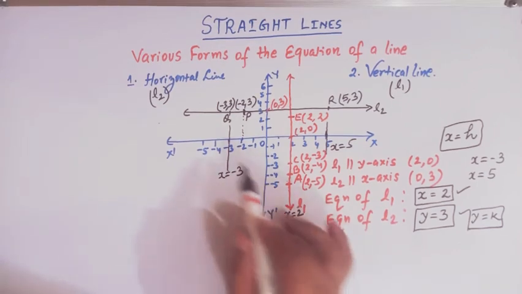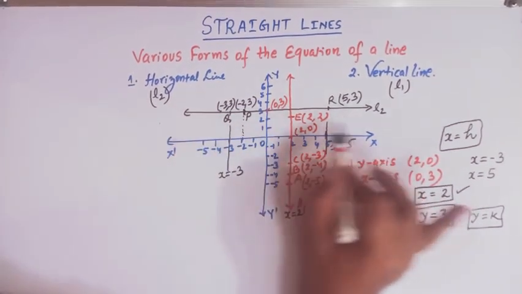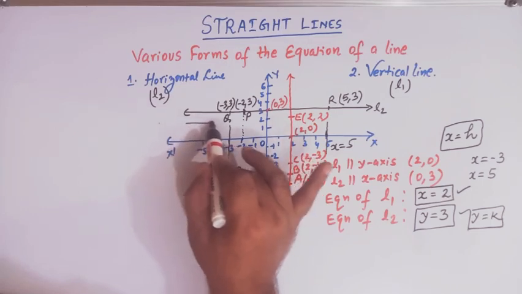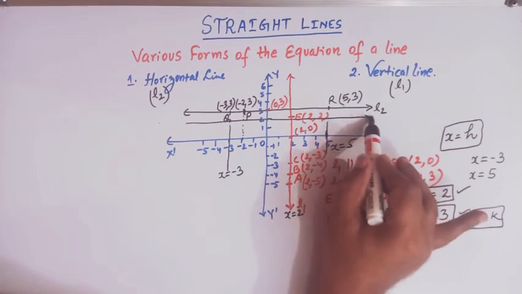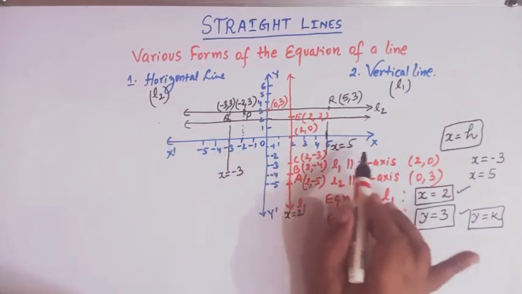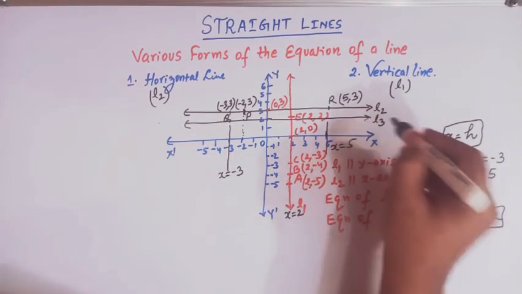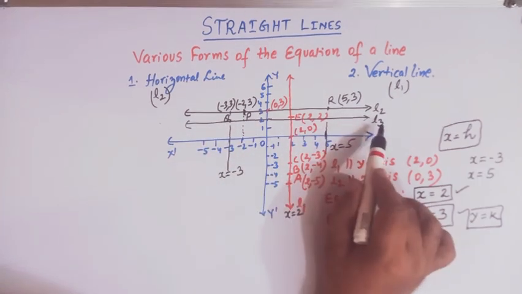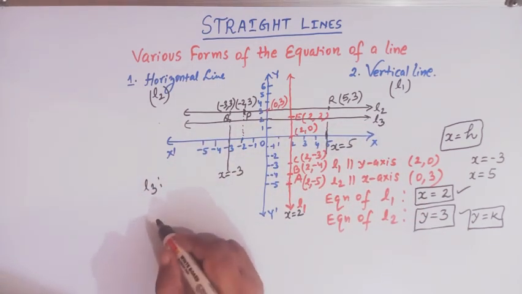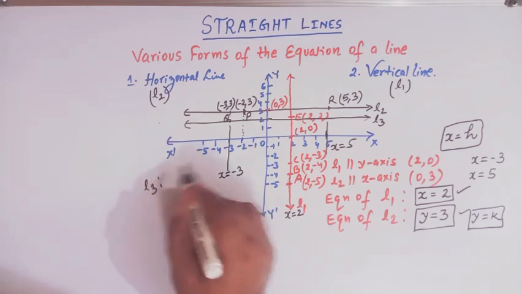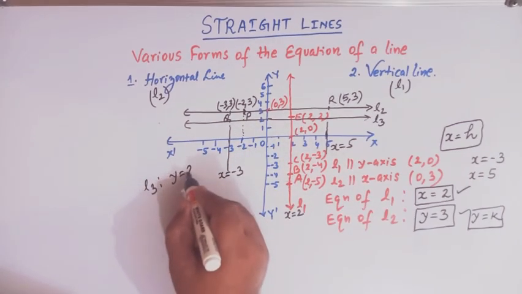Now suppose we have a line which passes through y is equal to 2 and is parallel to the x-axis. Say this line is L3. Then what is the equation of this line L3? So the equation of line L3 would be y is equal to 2, right?